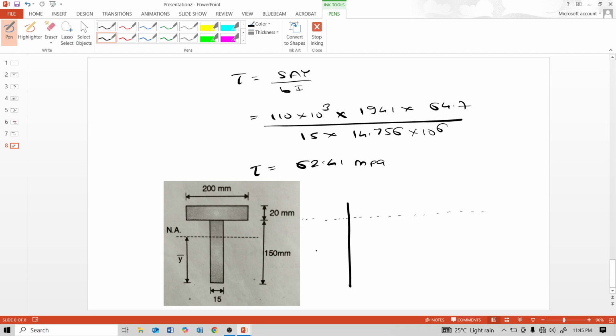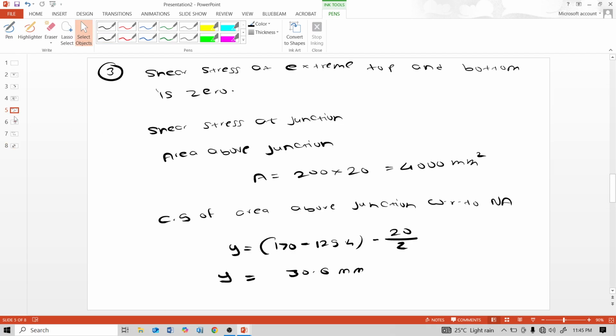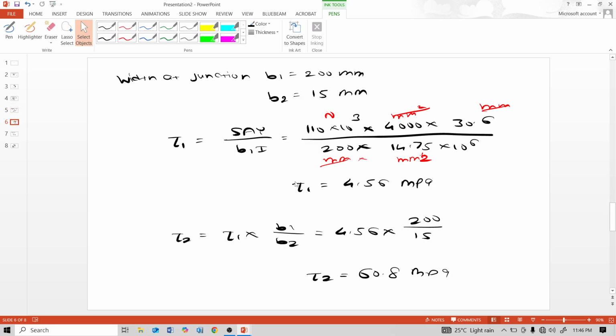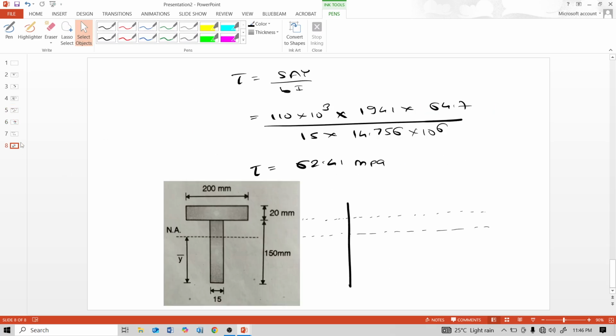This is the junction dotted line and this is the neutral axis. This tau 1 is 4.56 MPa.